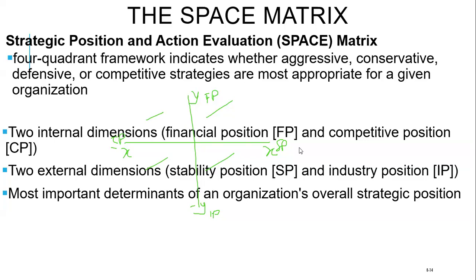Then there is also stability position. Stability position is also rated ranging from -1 to -7, just like the competitive position. So the closer you are to the point of origin, the stronger the stability position of a firm. And what does stability position seek to communicate? It evaluates the degree to which an organization is stable in the external environment.